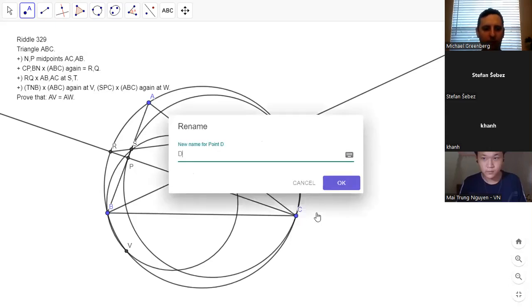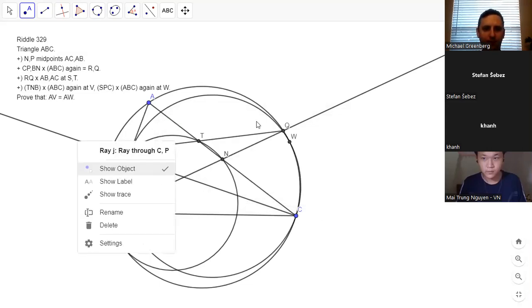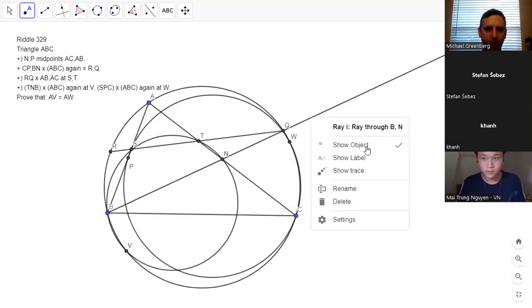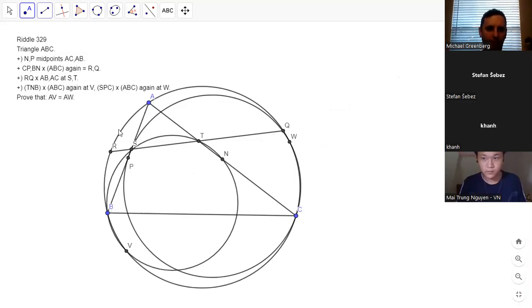And AV, we want to show AV equals AW. This looks a little tricky. And it's a full riddle instead of just a middle riddle, so it's going to be harder. All right, let's see what we can do here.